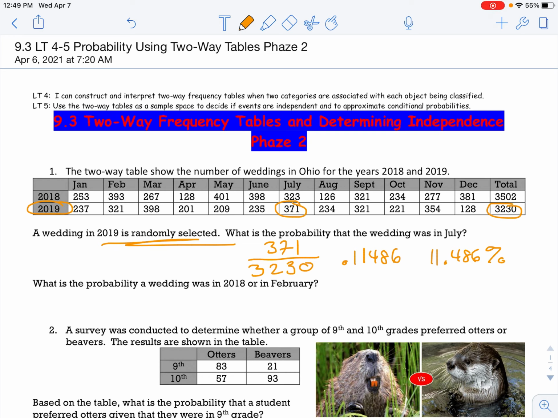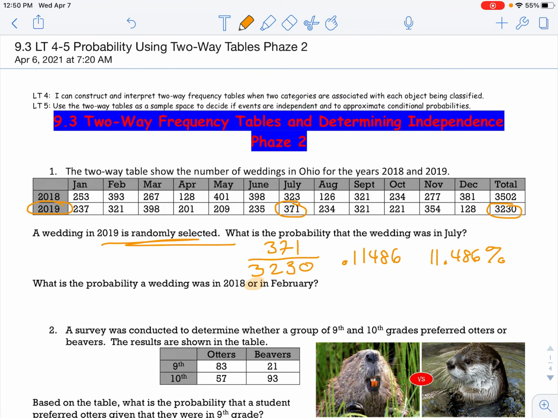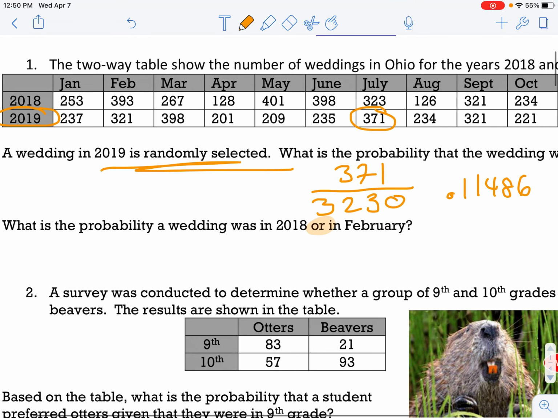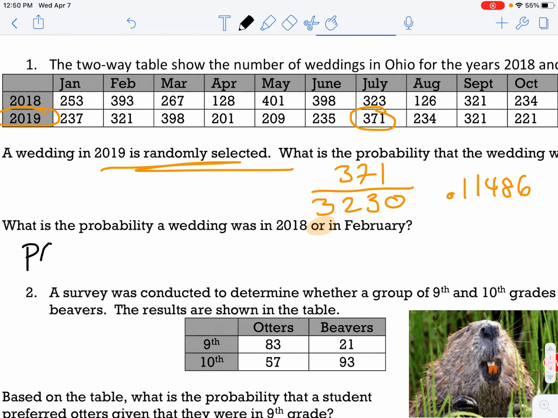All right, what was the probability a wedding was in 2018 or, so this is a huge word right here, or in February? So what we got to do is first find, so let me do it like this. The probability of a wedding being in, we'll just put 18 for 2018, union February.